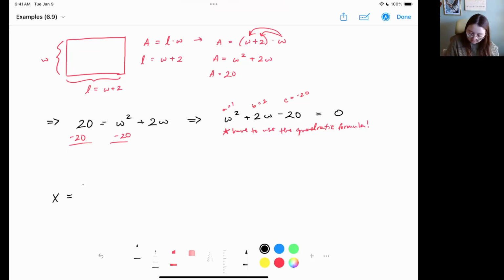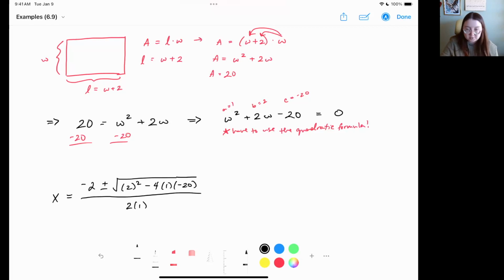So negative b, we've got b is 2, so it's negative 2, plus or minus the square root of b squared, 2 squared, minus 4 times a, which is 1, times c, which is negative 20. And this is all divided by 2 times a, which is 2 times 1.